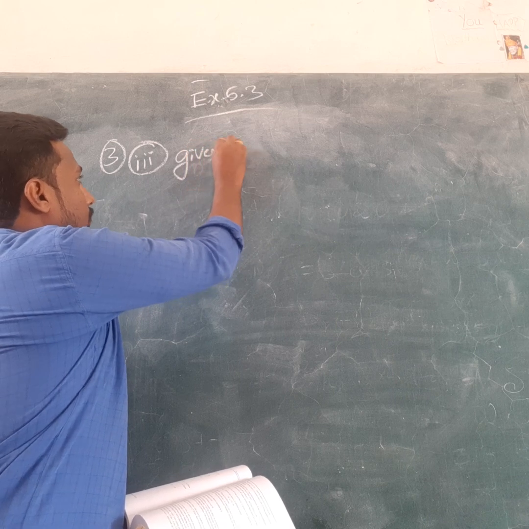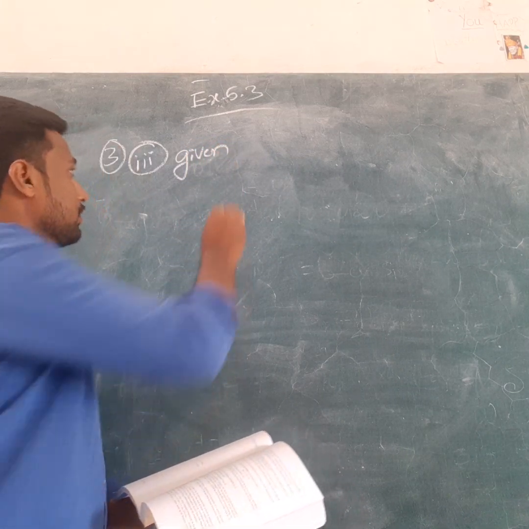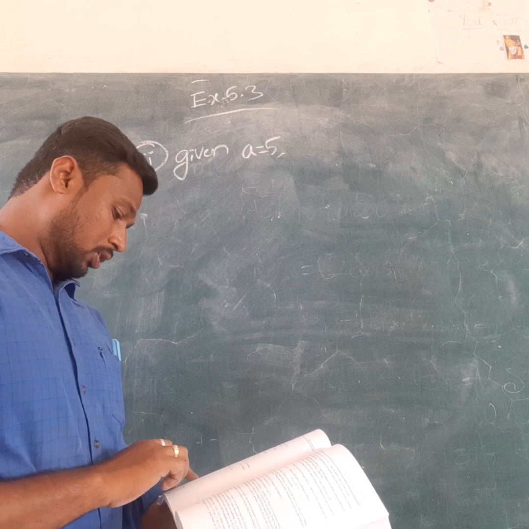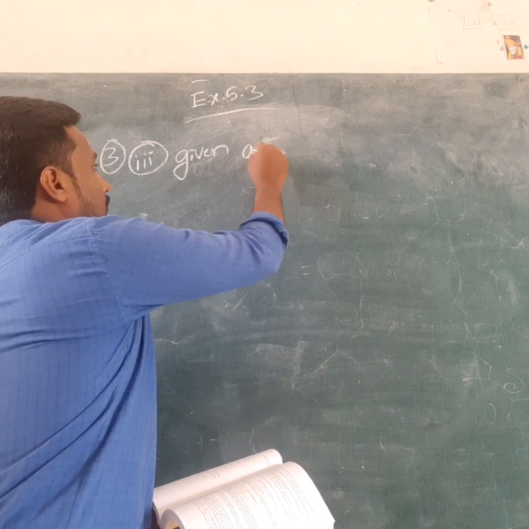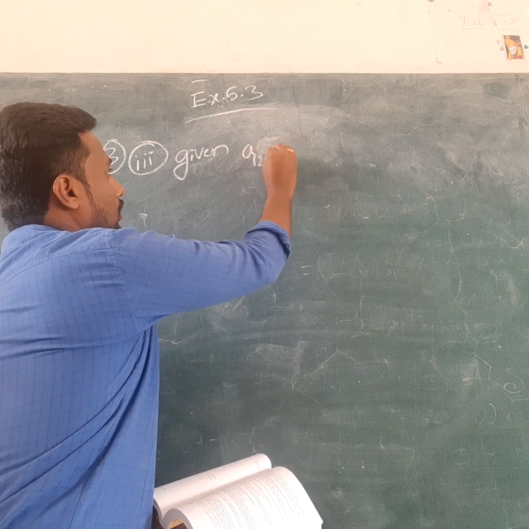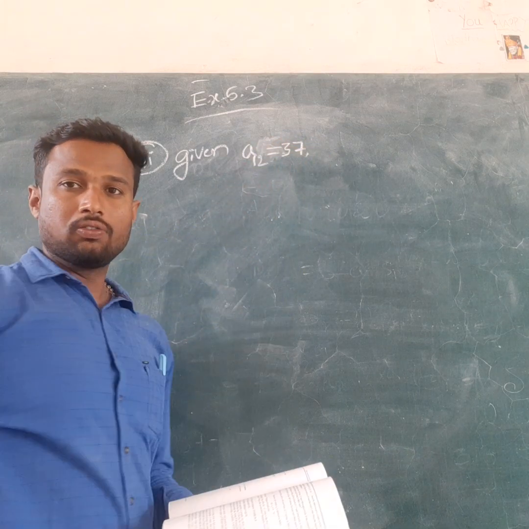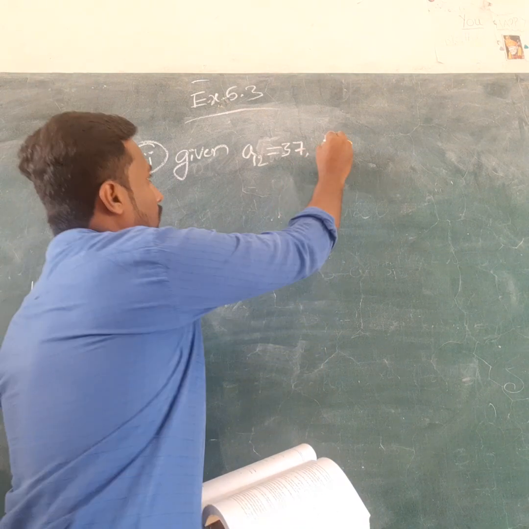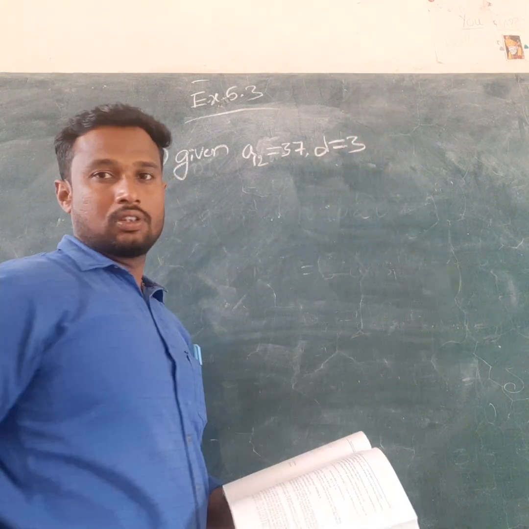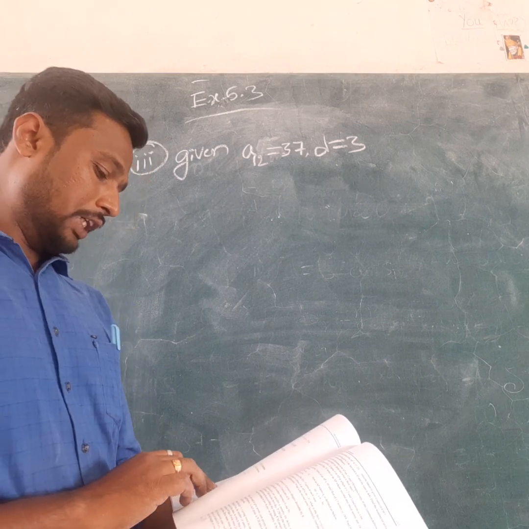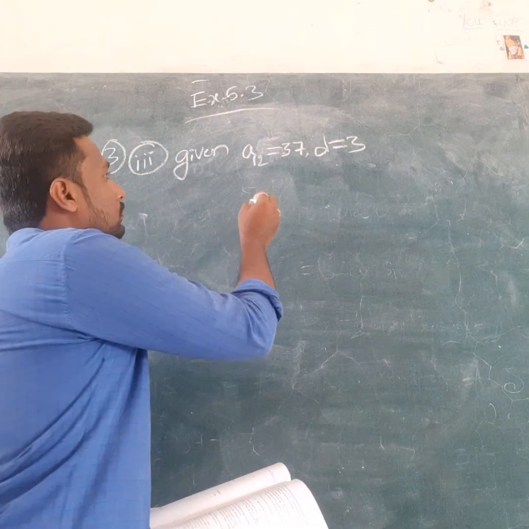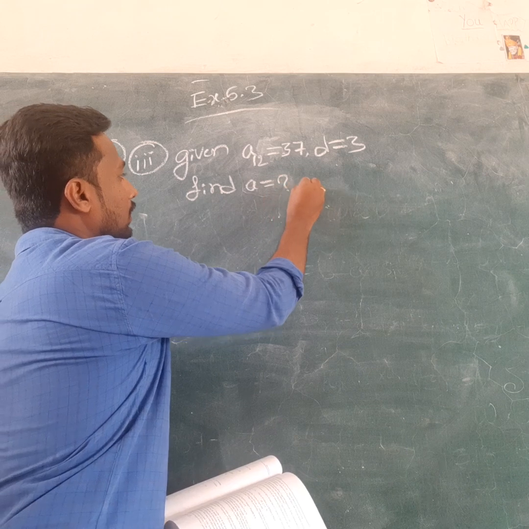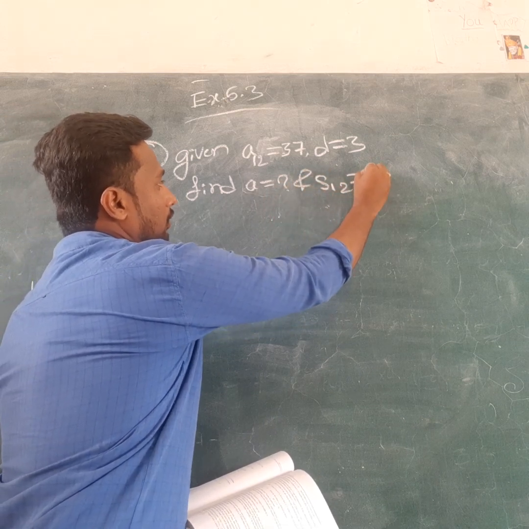Given a is equal to 5, third question, A12 is equal to 37, D is equal to 3, find a and S12.